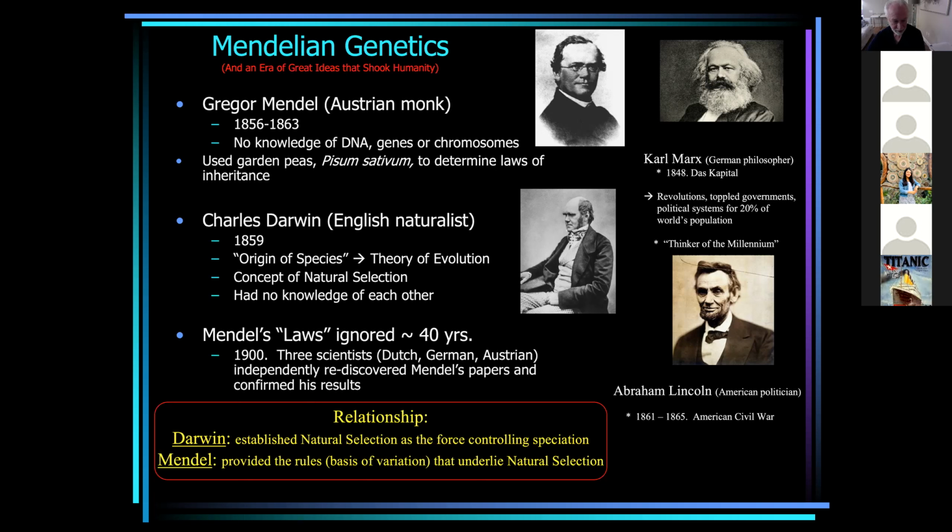At the bottom here in yellow, Darwin established natural selection as the force that controls evolution, controls species, and Mendel provided the rules, the evidence that there are discrete entities that determine species.